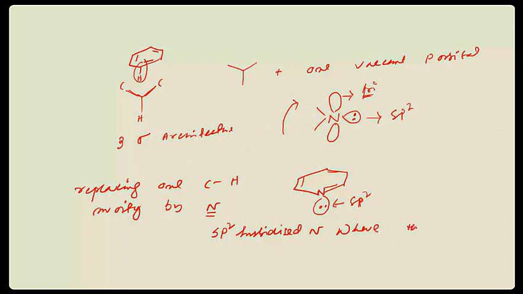Where the lone pair of electrons lies or resides in an sp2 orbital, because your p orbital, a vacant p orbital, means your p orbital has to be vacant, otherwise it cannot take part in delocalization with these 6 ring electrons.